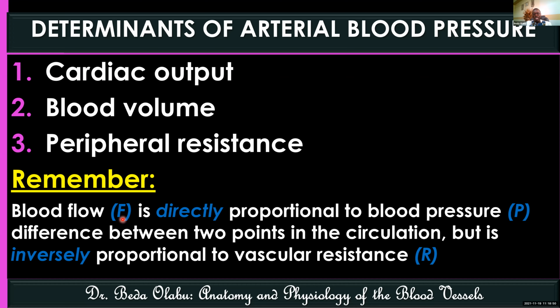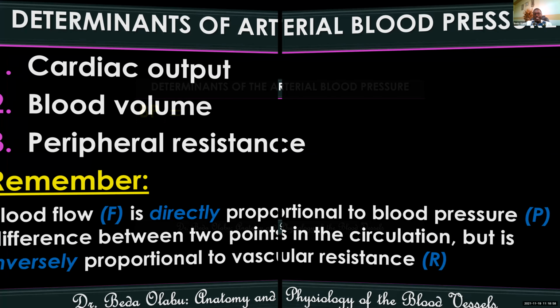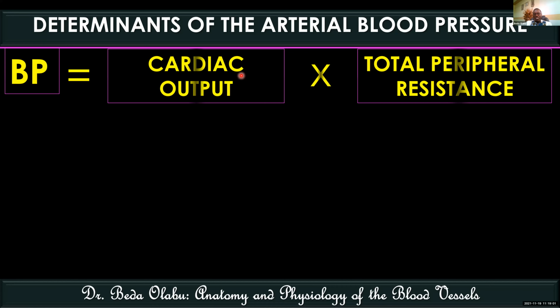But if we look at the whole circulation, then that blood flow is actually cardiac output. So therefore, with confidence, we can say that blood pressure is equal to cardiac output times total peripheral resistance. This is F, and that is R.